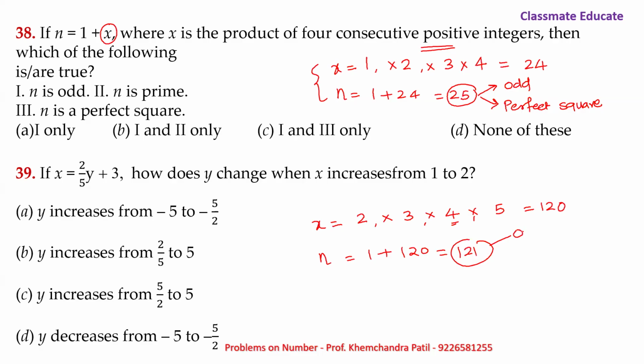This is an odd number again, and this is a perfect square also. Now which answer will you take? Which of the following is true? n is an odd number, that is correct, and n is a perfect square, which is also correct. So your answer is option C, that is 1 and 3 only.